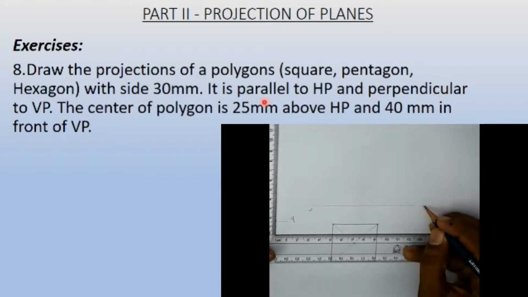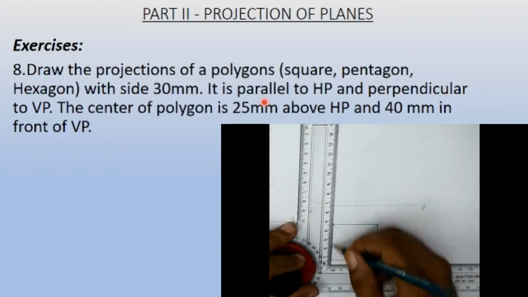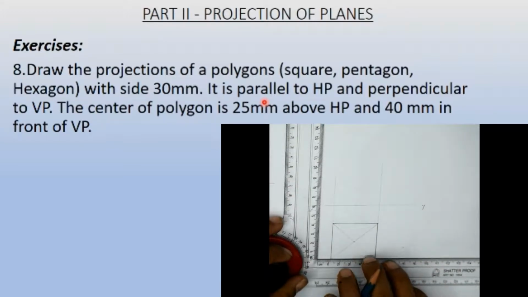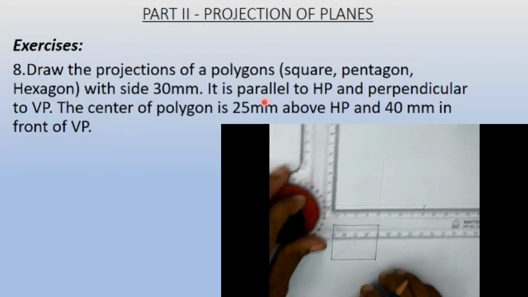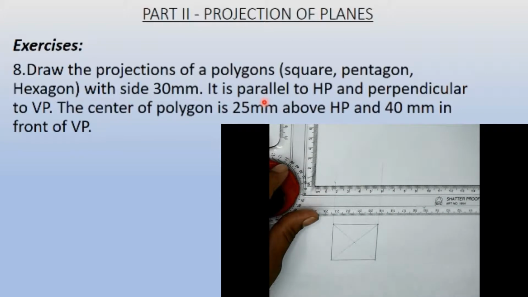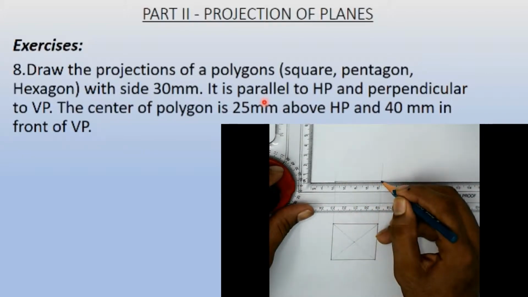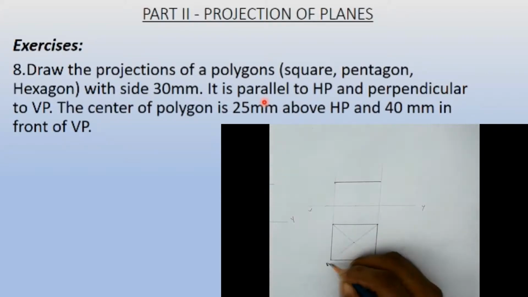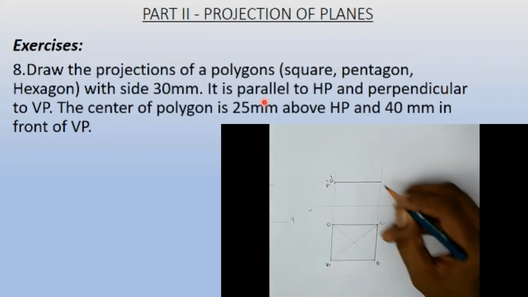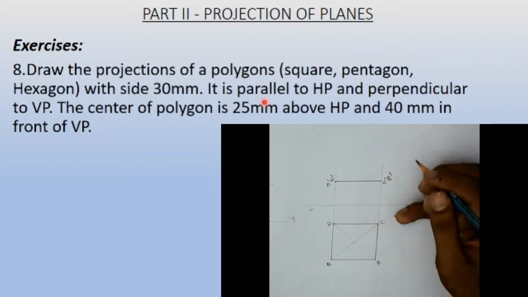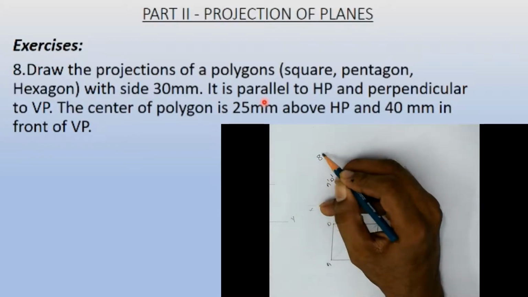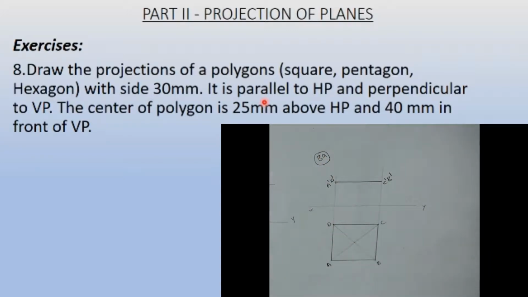I am projecting to get the front view, which is 25 mm above HP. This is the front view. A, B, C, D, A dash and D dash will come here, and C dash and B dash will come here. So this is exercise 8A completed.